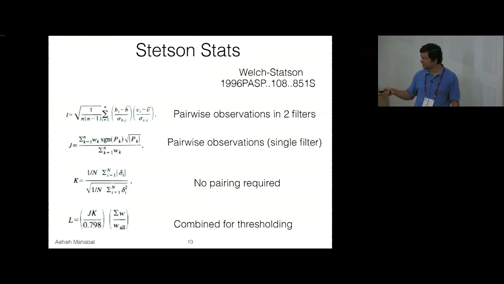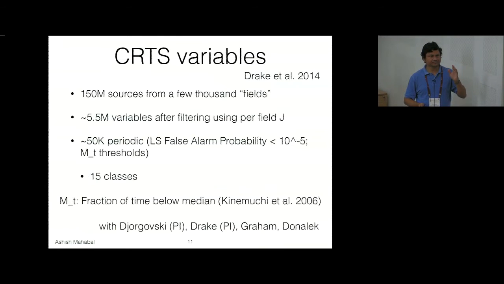And typically, what happens is that you don't use K as it is, but use K divided by 0.798, so that you are in some sense normalizing, and you can define L, which can be used for thresholding and so on. So there are these various things that people have defined, and they use it for specific uses.